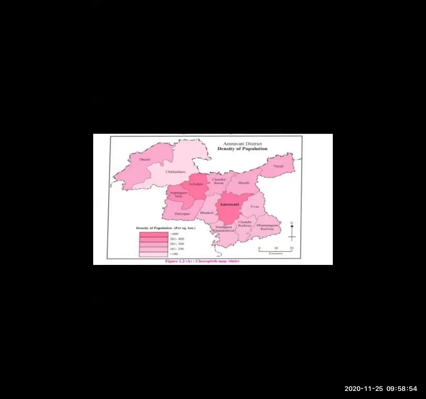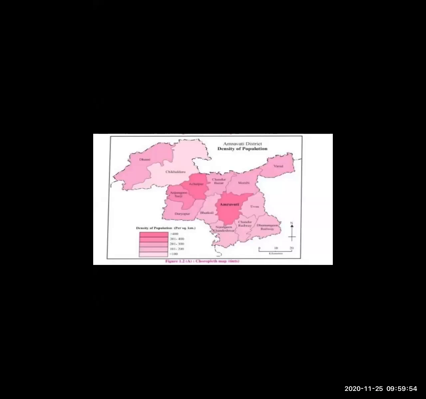Okay. So the first question is, name the taluka having population density between 301 and 400. Write in the chat box. Okay, students? No one will raise their hand. What is the population of Amravati town?